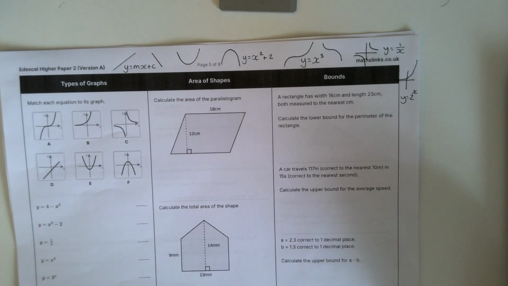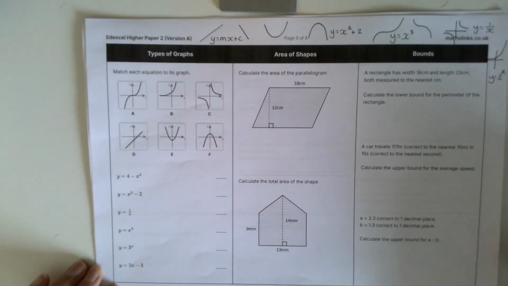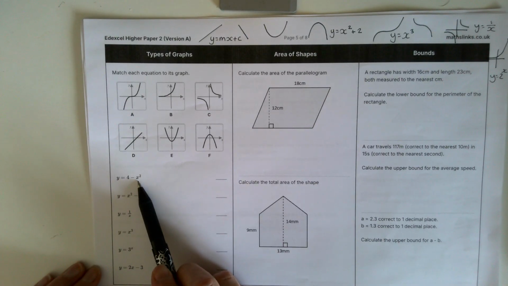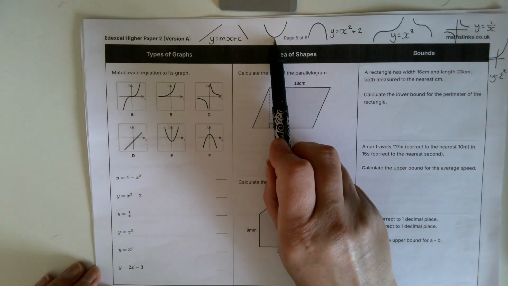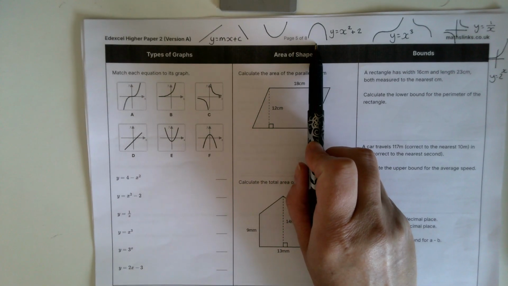From there, you then have to see where it cuts the y axis and try and get the correct shape graph. So let's talk through these ones here. 4 minus x squared is an x squared, so we know it's either going to be the U shape that looks like this or upside down.